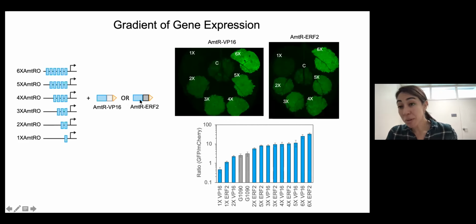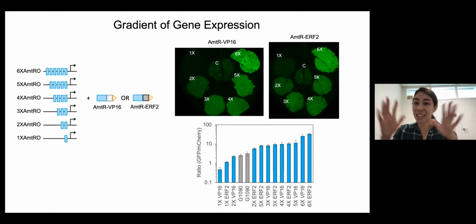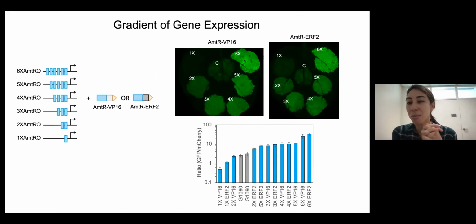Now that's a problem if what we're trying to do is refine spatial patterns. So how do we tune up or tune down expression in these cells? One way of doing this is to modify that activation domain like we talked about before. But another way is actually to modify the synthetic promoter.